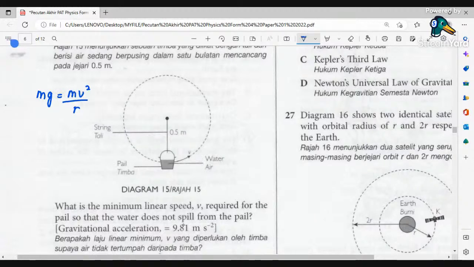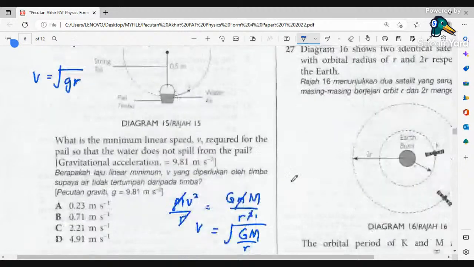Try to get an easier formula, because G and M are not given. Another formula is weight equals centripetal force, so another one is square root of gr.